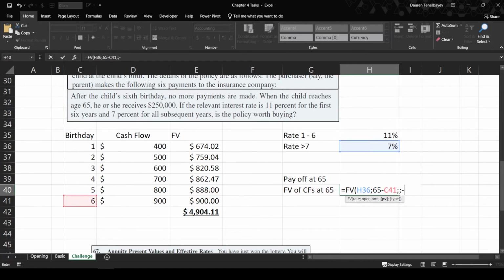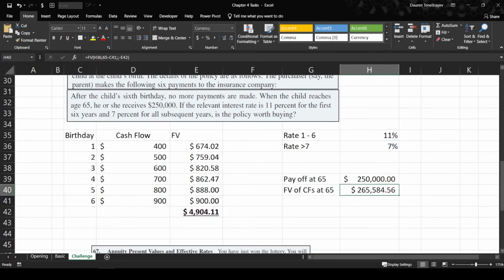Then we don't have PMT, and the negative present value, 4,904. So the policy is not worth buying. The future value of the premiums is $265,000, but the policy contract will pay off $250,000. The premiums are worth $15,000 more than the policy payoff.